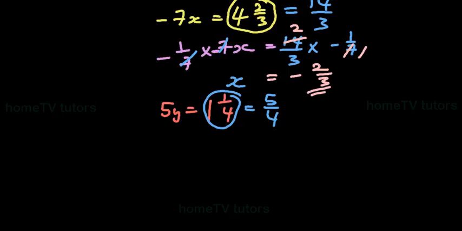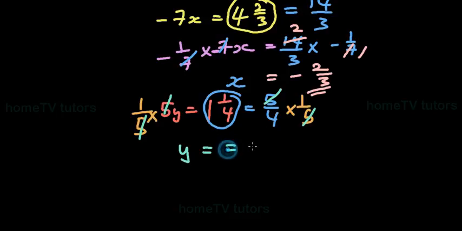So now we are to multiply both sides of the equation by what? By the inverse of 5, which is what? 1 over 5. So we multiply both sides by 1 over 5. So we can see that 5 will cancel 5 out on the left hand side, so we are left with y equals, then 5 again cancels 5 out on the right hand side, so we are left with 1 over 4.